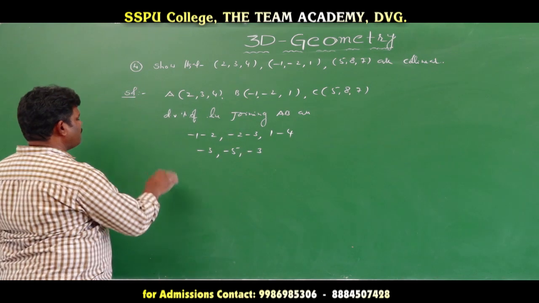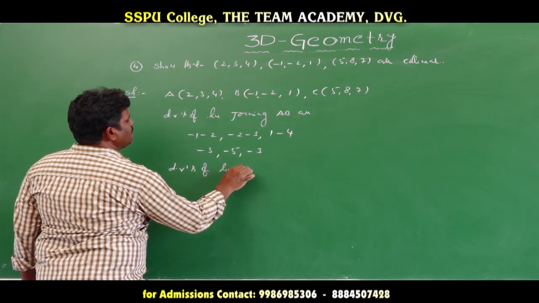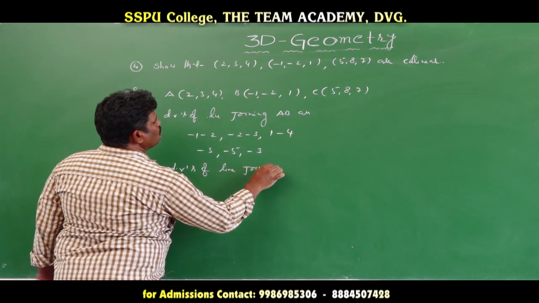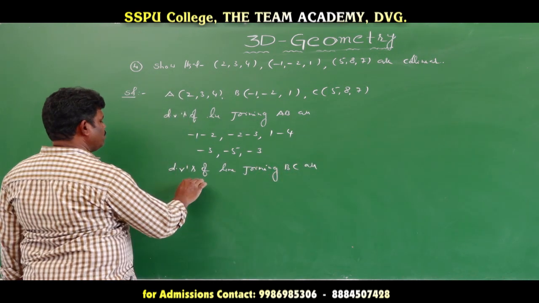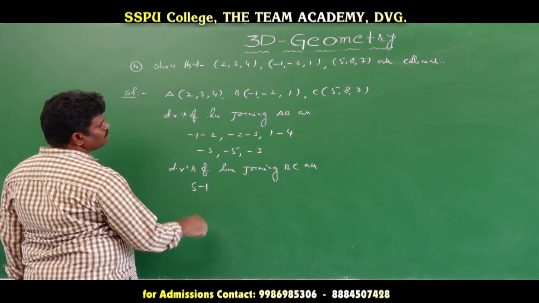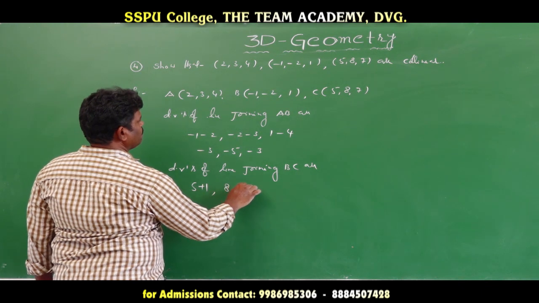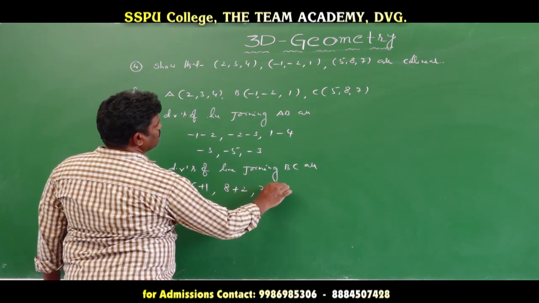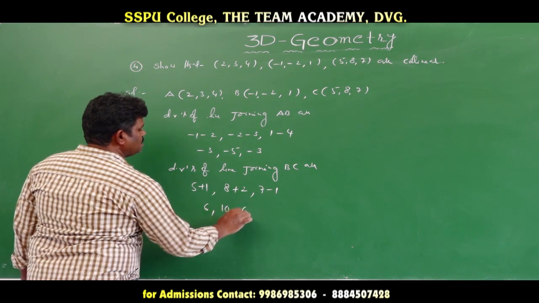Again, the direction ratios of the line joining BC: 5 plus 1, 8 plus 2, 7 minus 1, that is 6, 10 and 6.